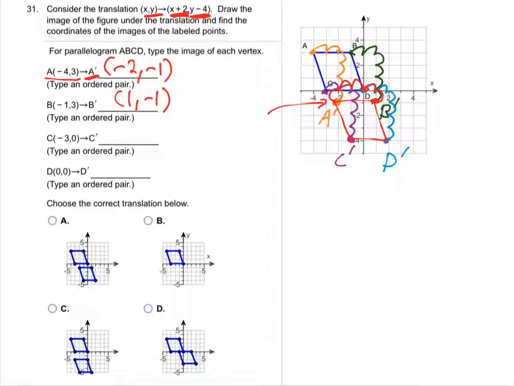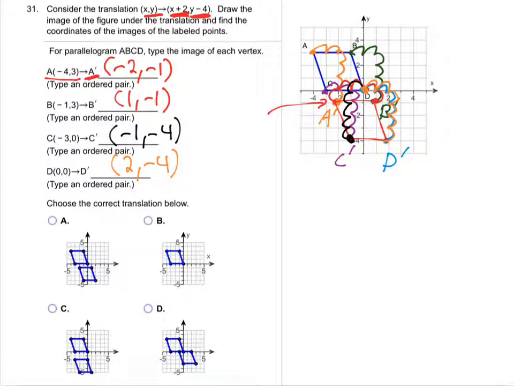What about C prime here from the origin? It's left 1, down 1, 2, 3, 4. Left 1, down 4 for C prime. Finally, D prime from the origin. D prime is right 1, 2, down 1, 2, 3, 4. Right 2, down 4.